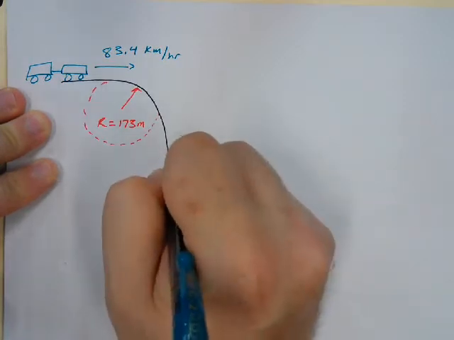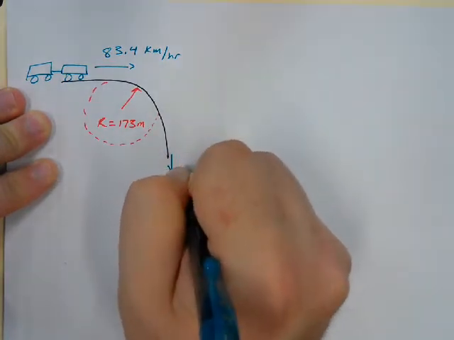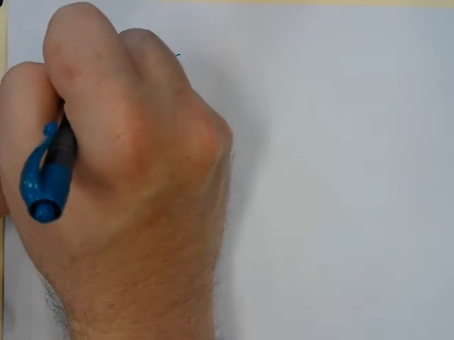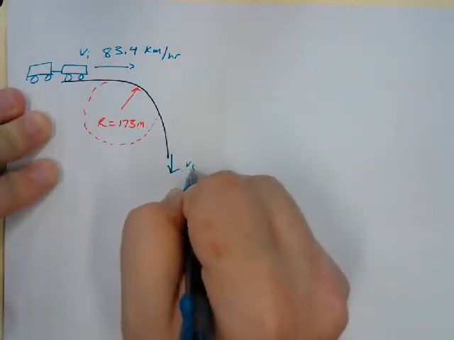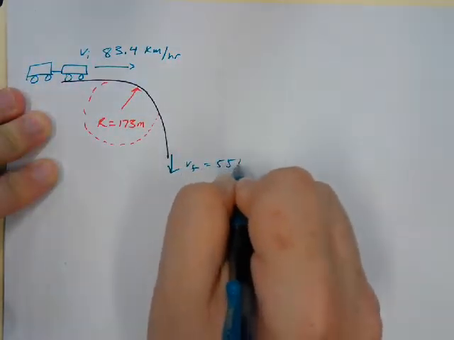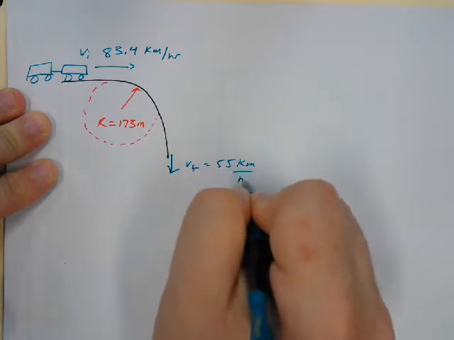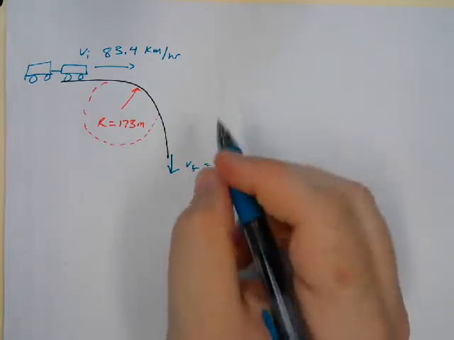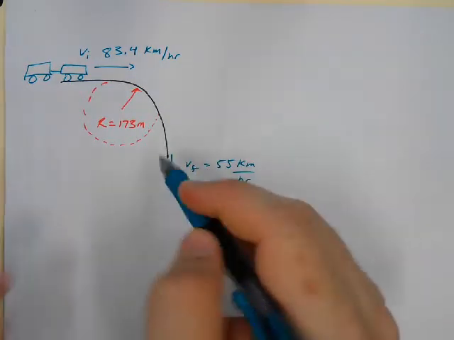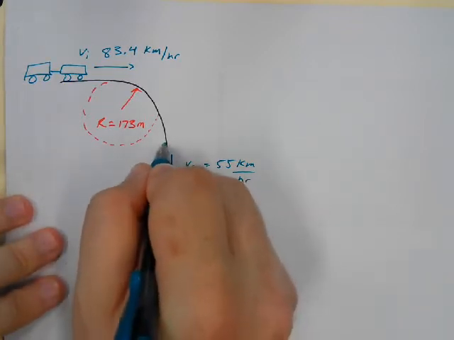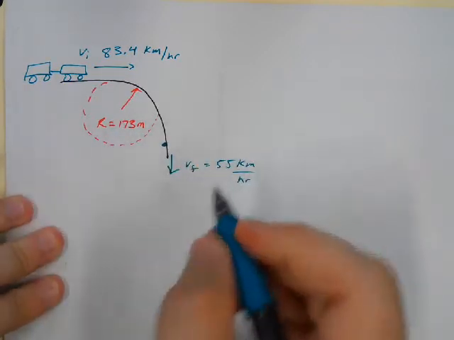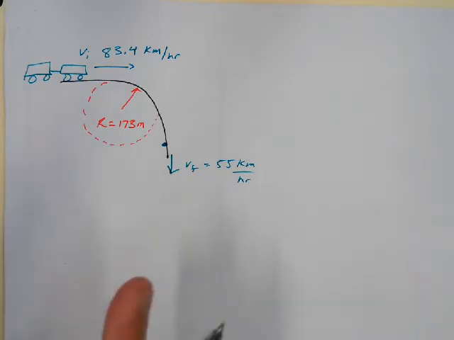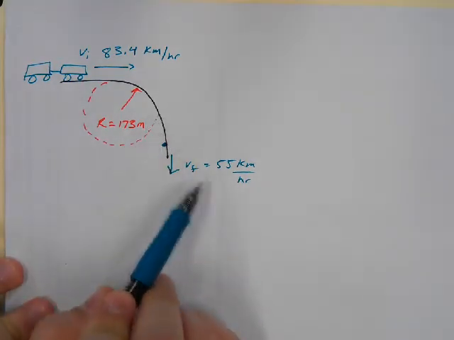And at the exit of the turn, so this is V initial, we'll have V final is 55 kilometers an hour. And so what we want to do is find the acceleration when it reaches this point. All right, we want to find the total acceleration as it's getting to this speed.